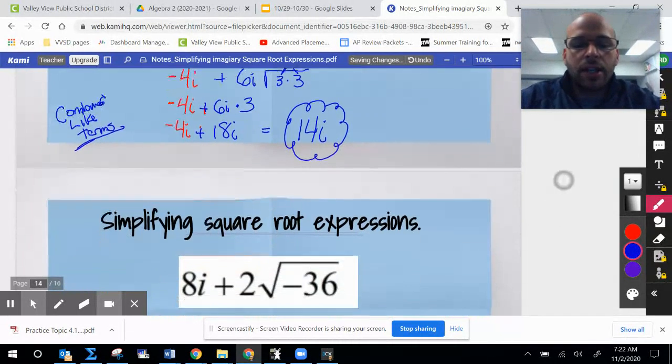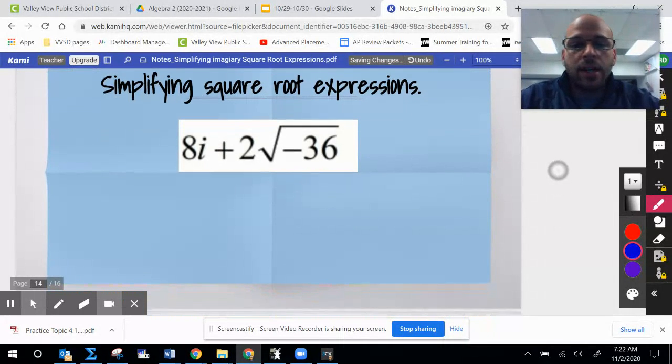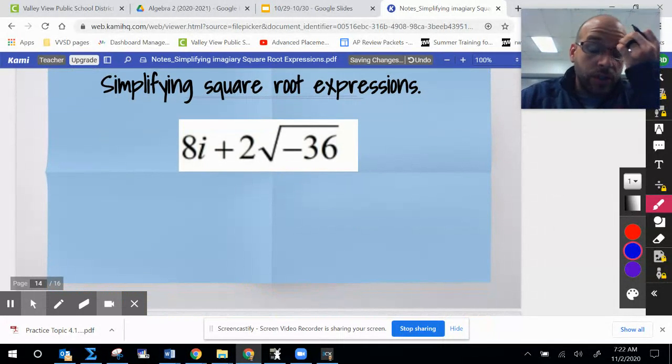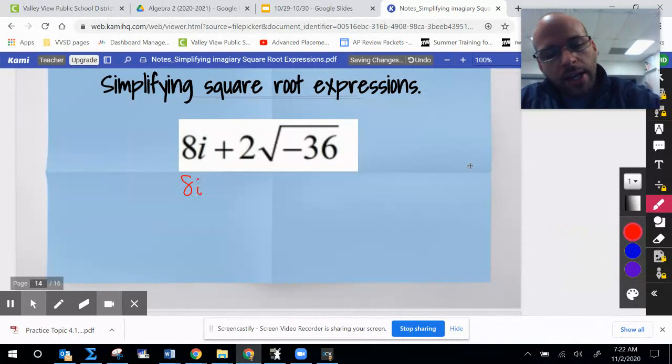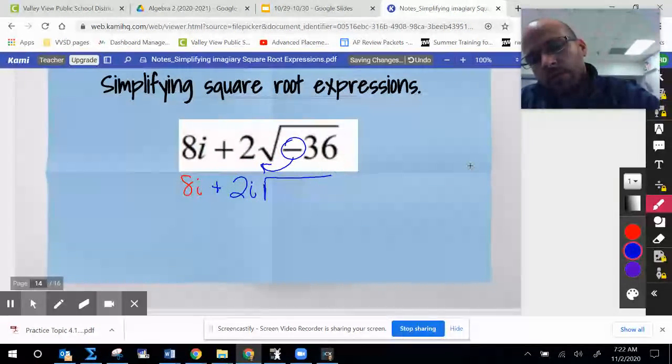I just combined them together. So I want to do the same thing again. Okay. So if we do this, I'm going to start. I have an 8i plus, now I have a negative on the inside, so that's a 2i square root 36. Now I can break this down into 3 times 12.